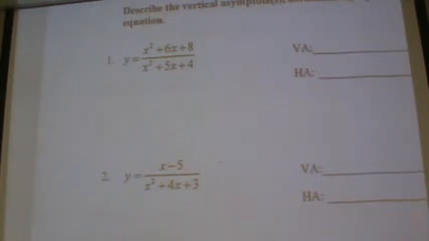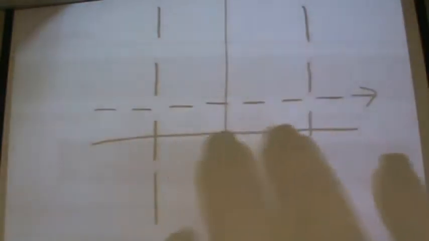This is a little tricky because horizontal asymptotes are more for end behavior. Let's say you have a horizontal asymptote like that, and let's say you have these vertical asymptotes. Sometimes a graph can cross a horizontal asymptote.